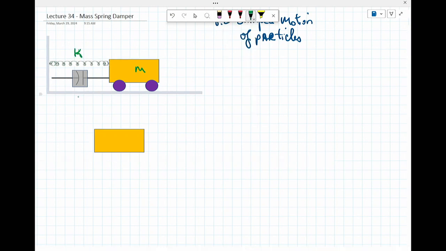to my mass spring system a damper. And the damper will have a coefficient, which I'll just term c, but it's a function of velocity. It's not a function of acceleration like mass, and it's not a function of displacement like springs.